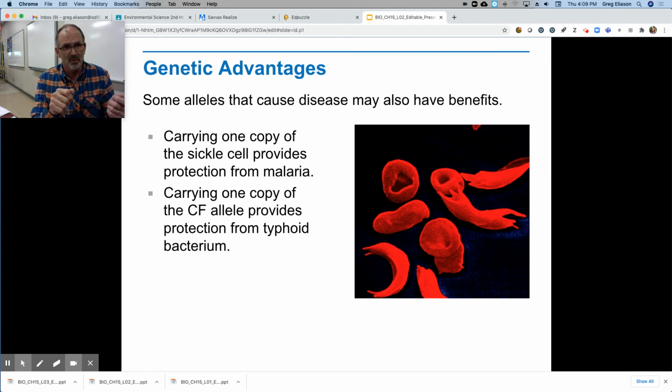If you were born with sickle cell, then sickle cell disease would probably be fatal as a kid. But if you were born as a carrier, those carriers had an advantage and were able to live to reproductive age.